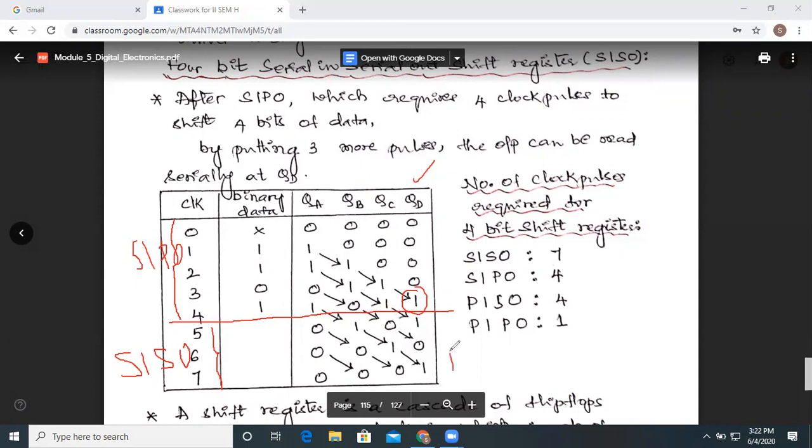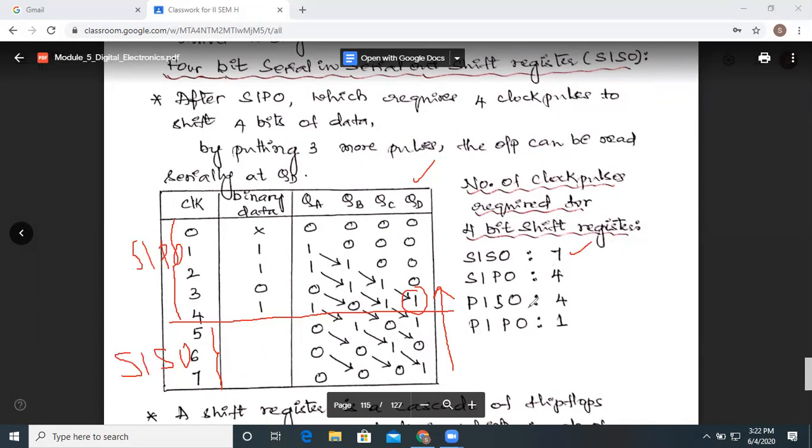So we need to read the data in this manner, that is 1011. That means in order to perform the serial in, serial out operation, we require 7 clock pulses.